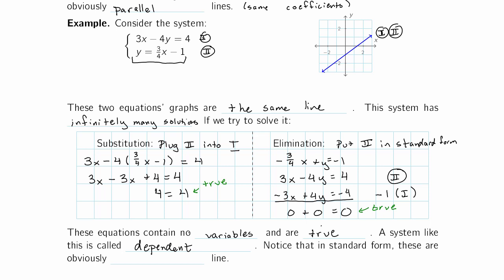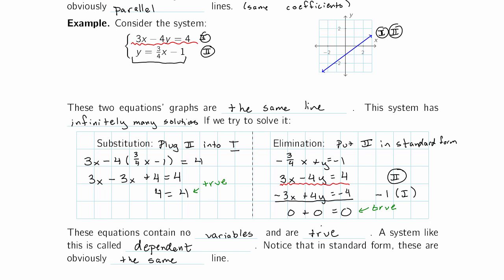Also notice, as we already did, that when we put both equations in standard form, it's really easy to tell by looking that they're the same line. To recognize in the previous example that those lines were parallel, we needed to know something. To recognize that those are the same line, we don't need to know anything. We can just see.